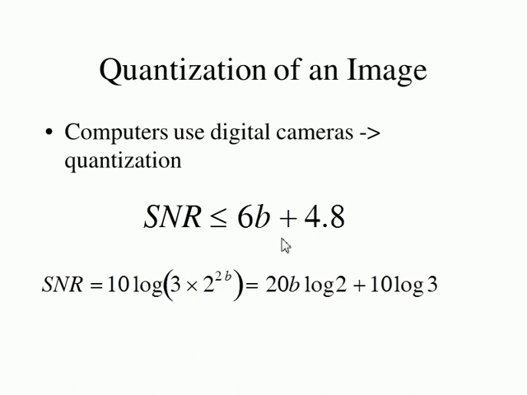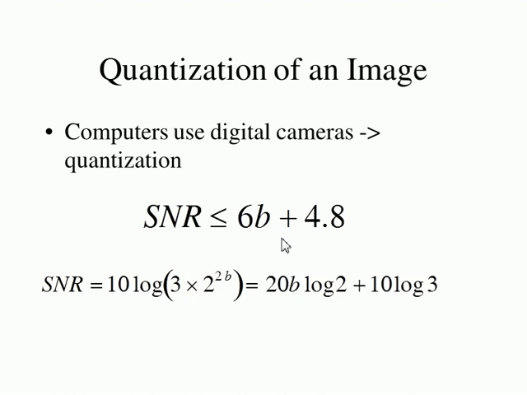If we efficiently pack those values into a binary word, we take the log to the base 2 of the total number of different values. So taking the log to the base 2, for example, of 256 gives us 8, because 2 to the 8 is 256.